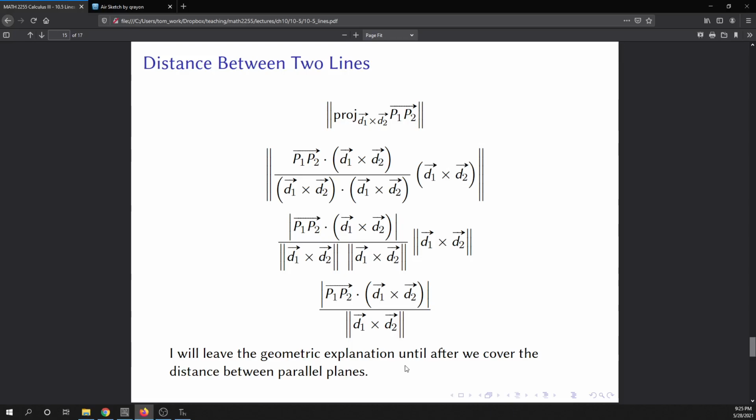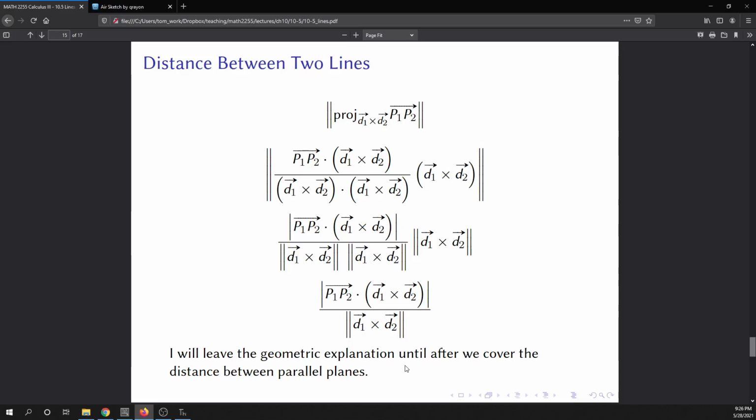But geometrically, why does that work? If you look at the graphic in the textbook, to me it's a little bit confusing because it's drawn on a page, so it's really 2D, and it's trying to simulate three-dimensional settings. The graphic in the textbook is a little misleading to me.